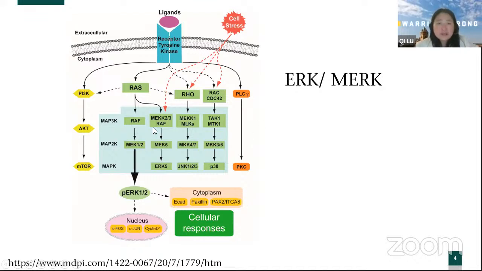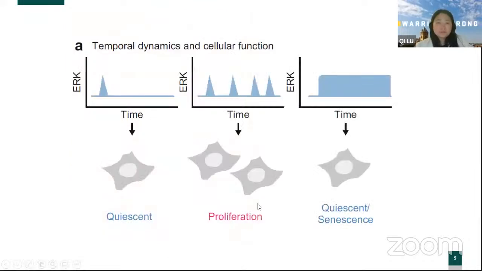With cell stress, it will activate this signal pathway and cause new gene expression as a cellular response. The ERK signal pathway may also cause proliferation or migration of the cells, and this can all be controlled by light.